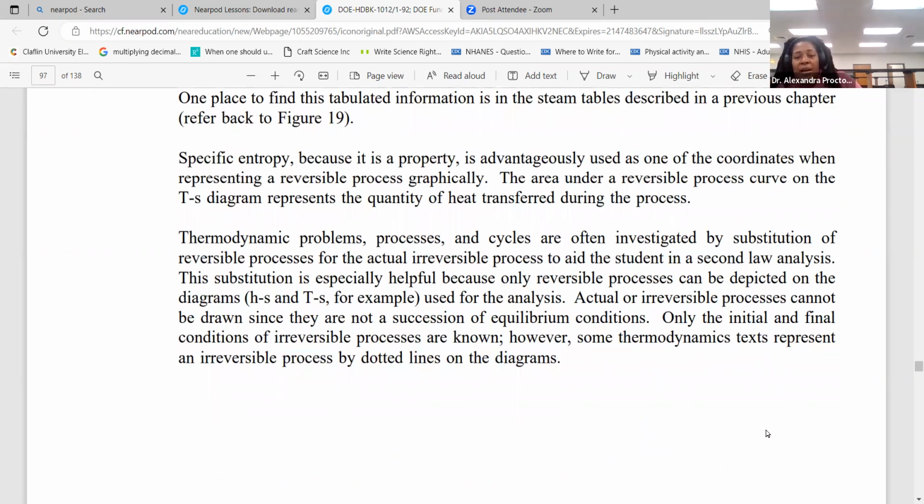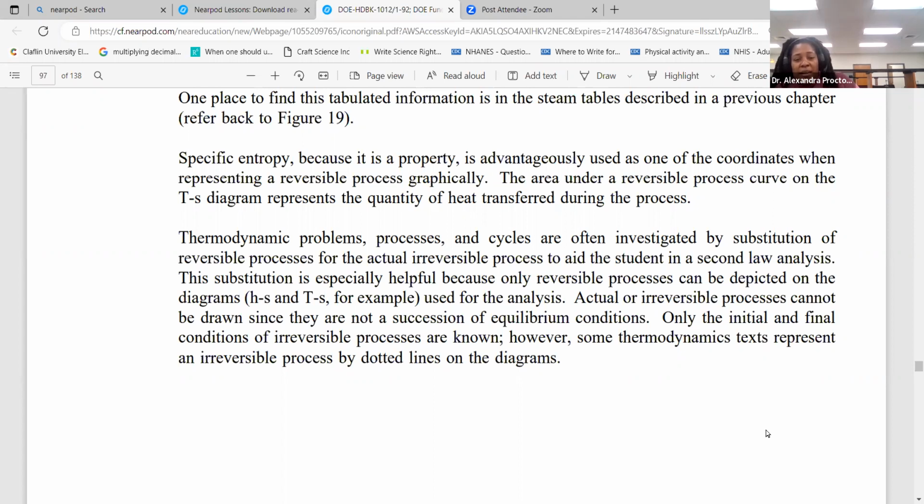Thermodynamic problems, processes, and cycles are often investigated by substitution of reversible processes for the actual irreversible process to aid the student in second law of thermodynamics analysis. And this substitution is especially helpful because only reversible processes can be depicted on those H-S and T-S diagrams, for example, that are used for analysis.